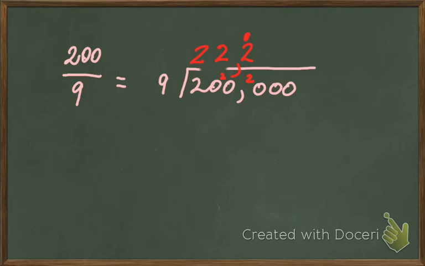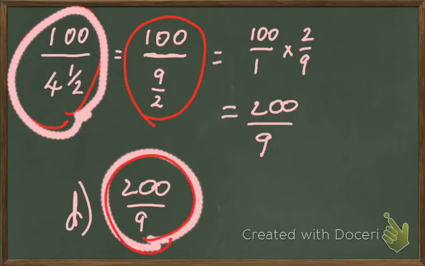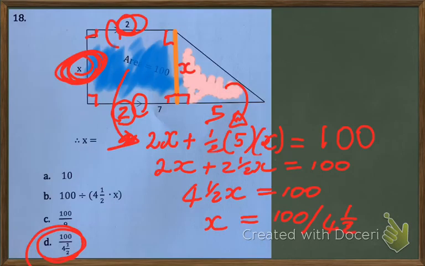And eventually you can see that 22.2 recurring could also have been the answer. So that answer could have been in decimal form, in improper fraction form, or in this strange form that you see there.